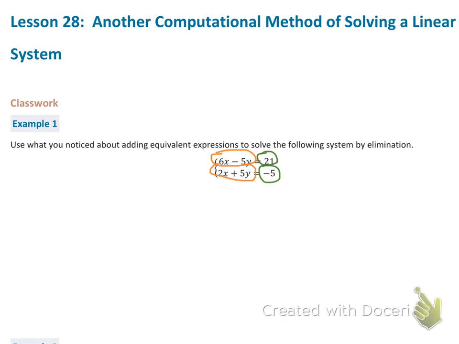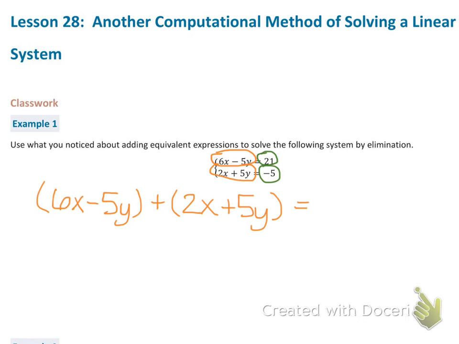So we've got 6x minus 5y, and I'll put parentheses around it for now just so we can see that, plus 2x plus 5y, and that is equal to the sum of the right-hand sides, which would be 21 plus a negative 5.